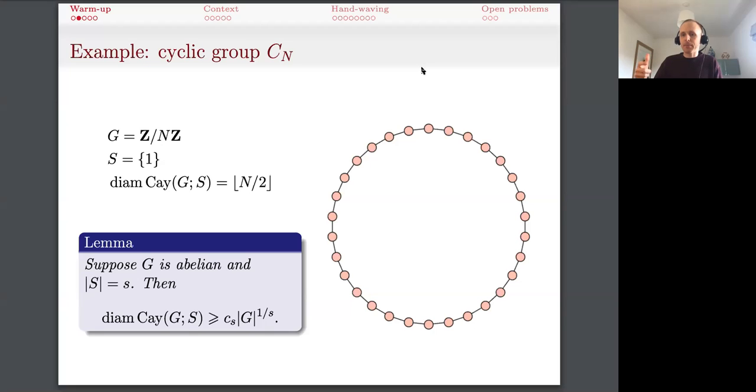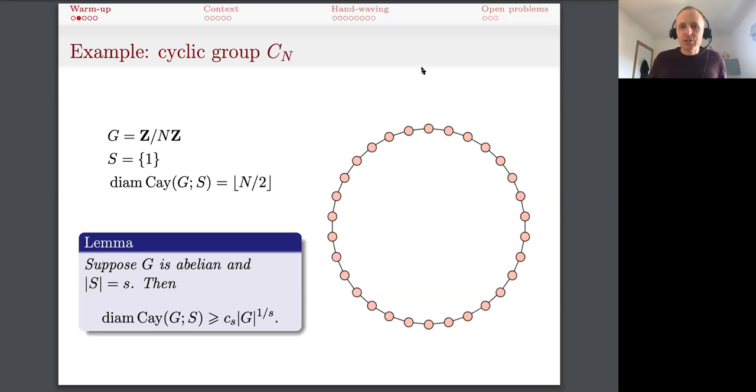So it's at least a power of the size of the group. It's easy to see why this is true: as you're taking powers of your generating set, you can't actually generate too many different elements just because all your generators commute. So you're not getting as many different elements as you might hope for. So abelian groups have large diameter.